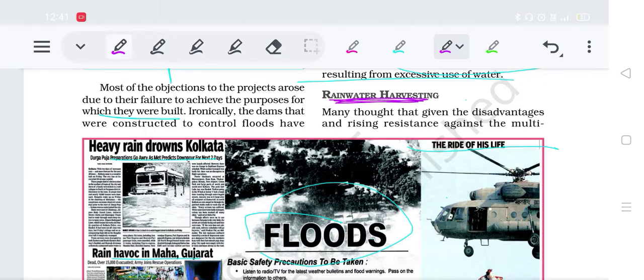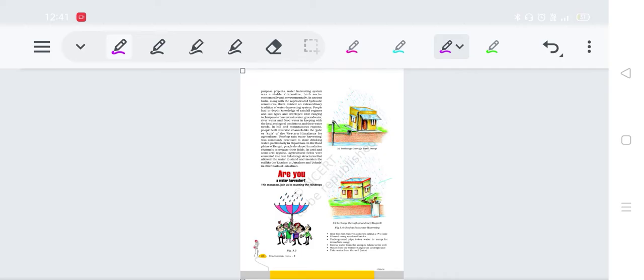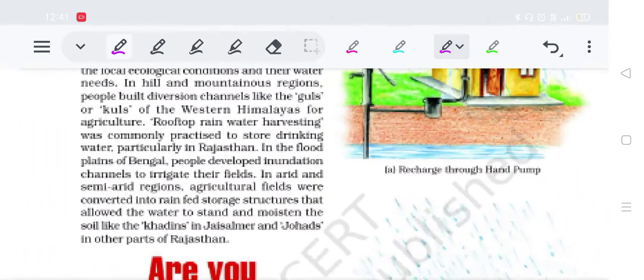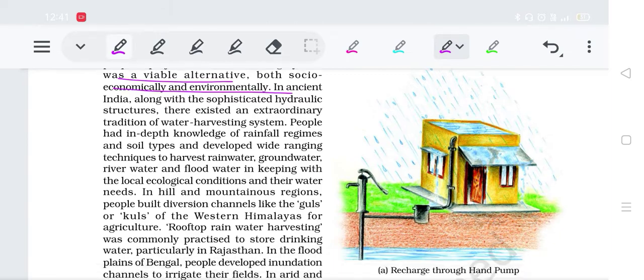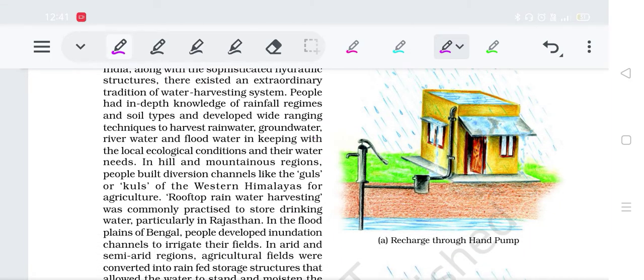Rainwater harvesting: many thoughts have been given on the disadvantages of and rising resistance against multi-purpose projects, and rainwater harvesting was a very good alternative, both socio-economic and environmental, which in ancient India was also used. People had ways to harvest rainwater, groundwater, river water and flood water, keeping in mind local ecological conditions and their water needs.